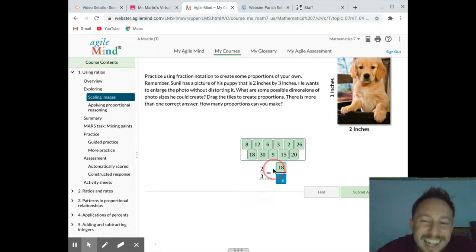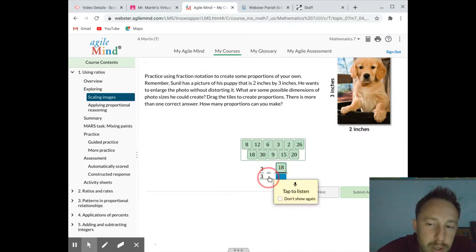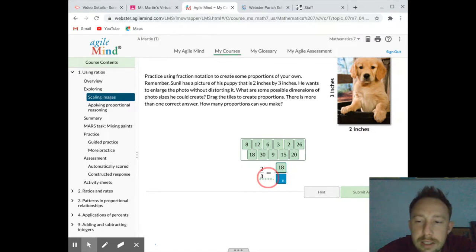All right. Well, let's talk about it. 2 times 9 is 18. So to create an equivalent ratio, we'd have to do 3 times 9. And 3 times 9 is what? 27. Good. Is there a 27 up here, though? No, sir. No, so we're not going to be able to use that one. Dang it. Okay. That's okay.